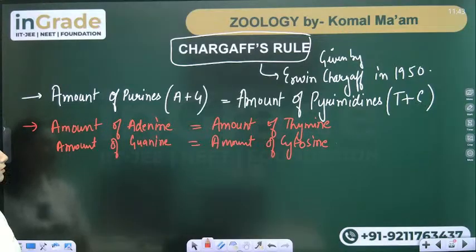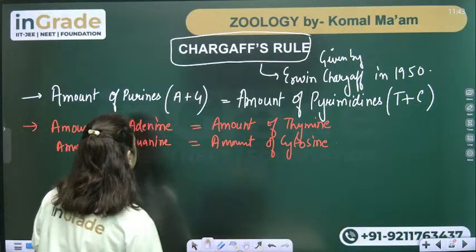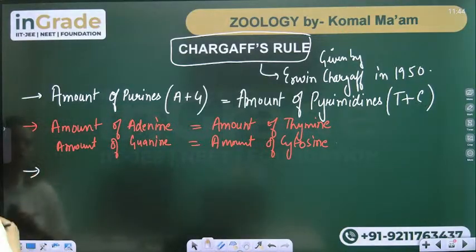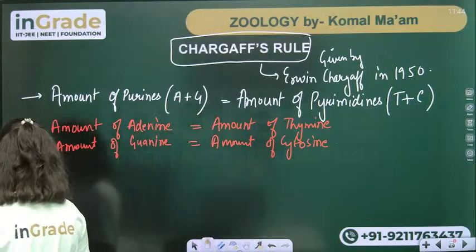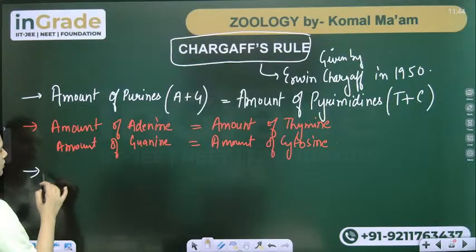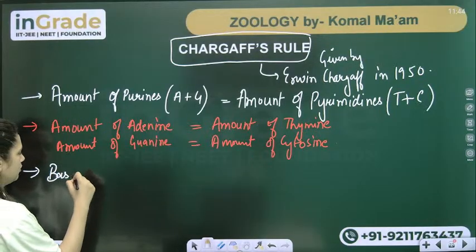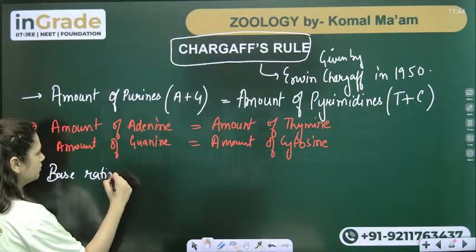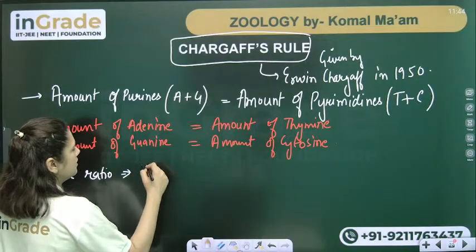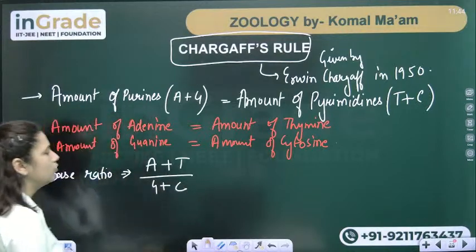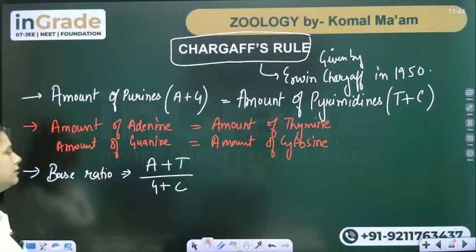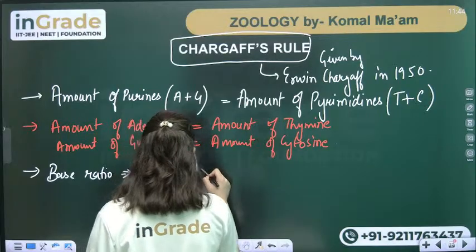Okay class. The third point he explained to us is that this base ratio, A plus T upon G plus C, is specific.